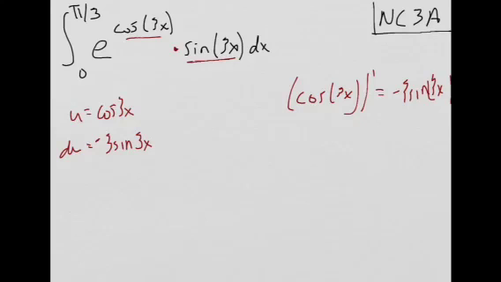I don't have a minus 3 sine 3x right here. I have a sine 3x. So I'm going to write one-third negative du equals sine 3x.